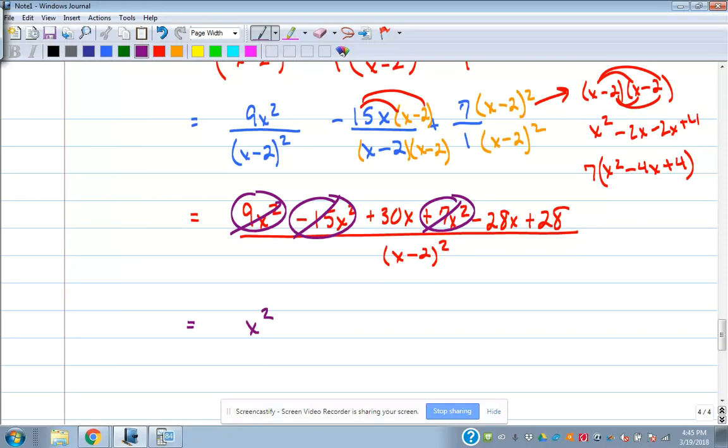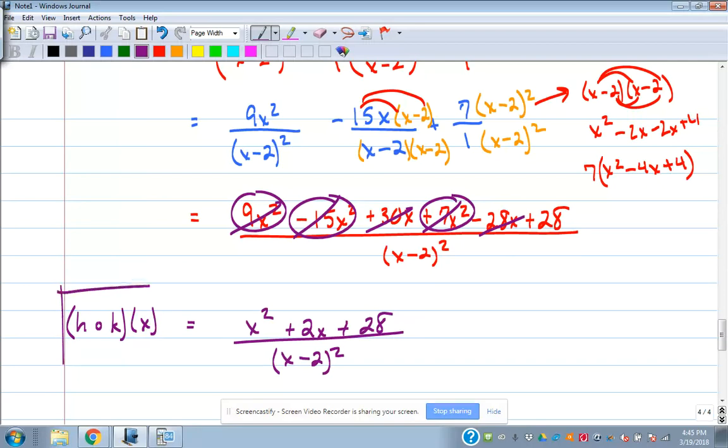Now I've got 30x and negative 28x. That's 2x. And then, yeah, 28 is just there. And then we're going to leave x minus 2 squared in the bottom. There is our composition of h and k, or h composed with k of x.